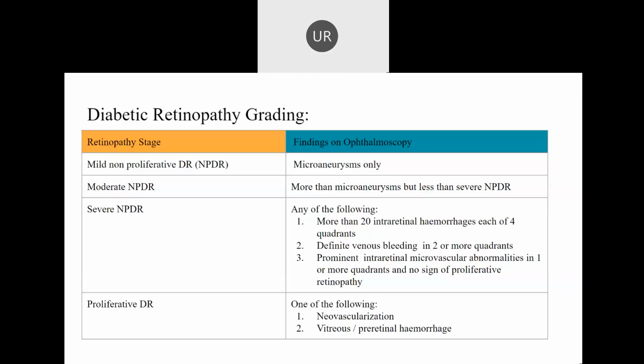The signs of proliferative retinopathy on fundoscopic findings are: the moment a person presents with neovascularization and vitreous or preretinal hemorrhage, they are diagnosed to have proliferative diabetic retinopathy.